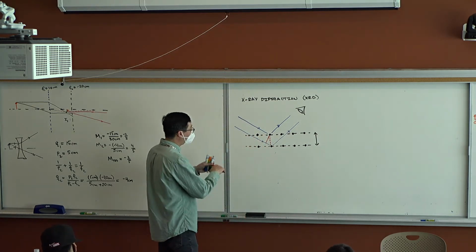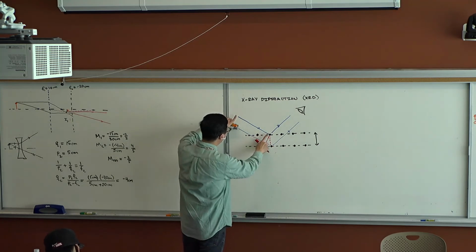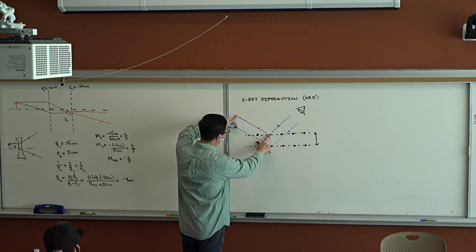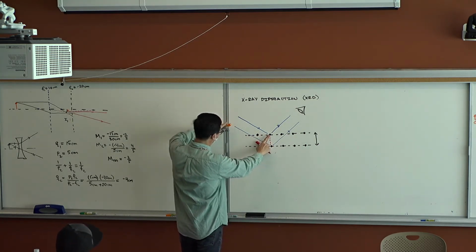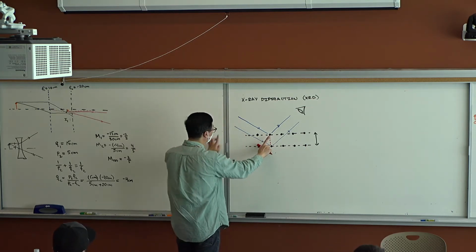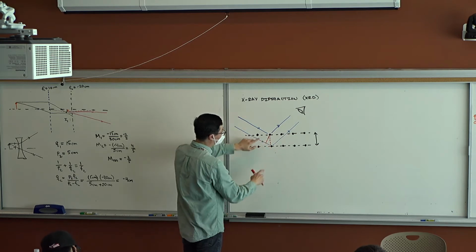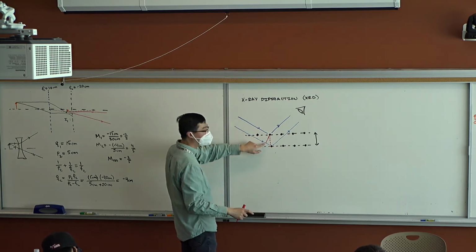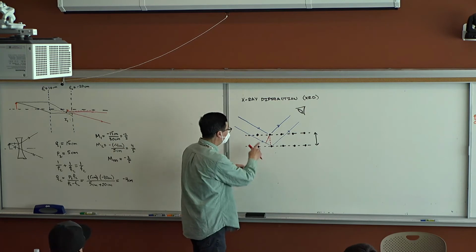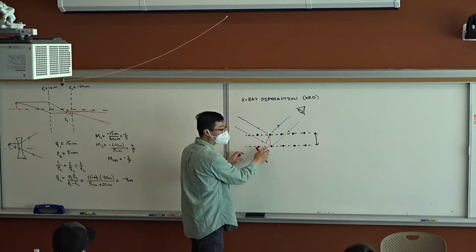Do you see that these two rays travel the same distance up to here? Right, and so I could just draw a perpendicular line to that. Then this ray traveled this extra little distance, yeah?